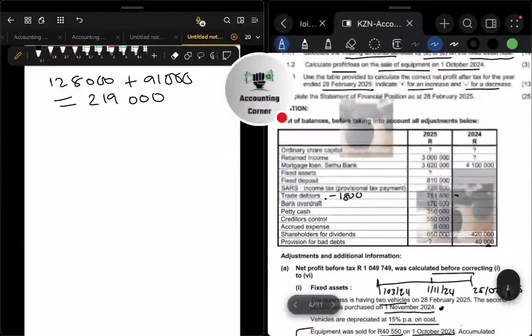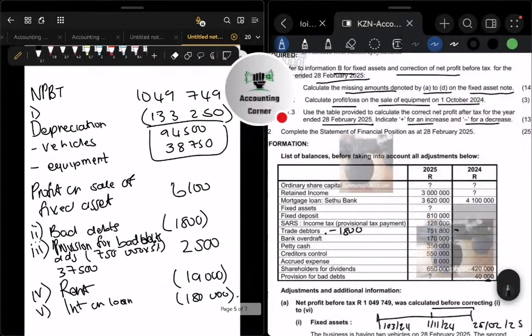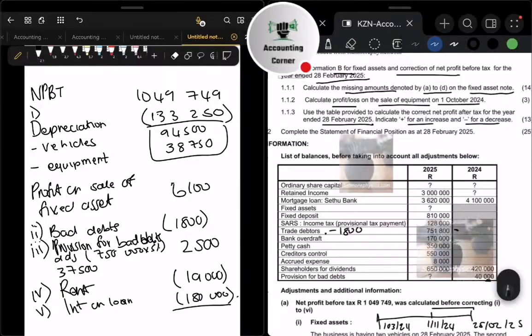What are we calculating? Net profit after tax. So this income tax will be subtracted from the profit before tax. Let's calculate here what our profit before tax is. Net profit before tax. We started with 1,049,749, right? We subtract 133,250 for depreciation. We add profit of 6,100, and then we subtract bad debts of 1,800.